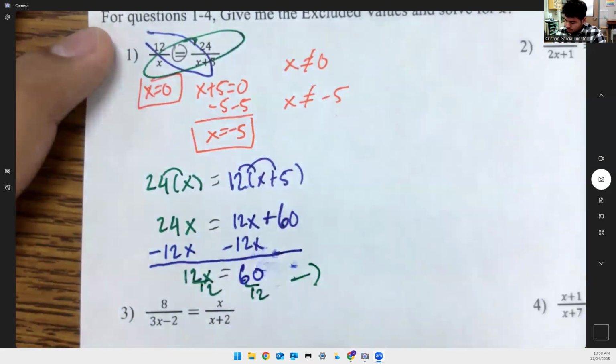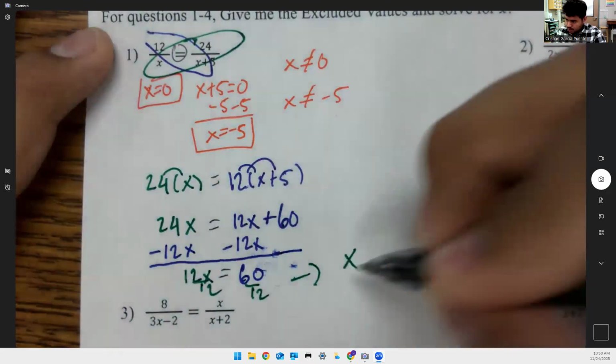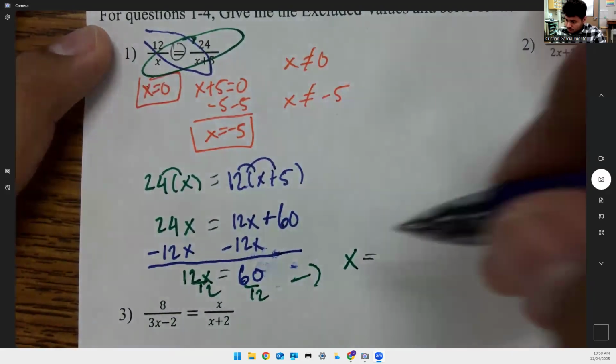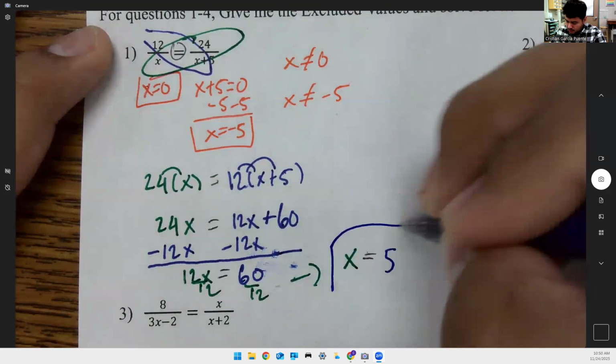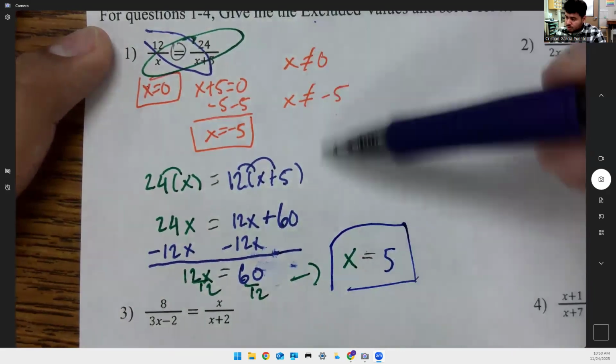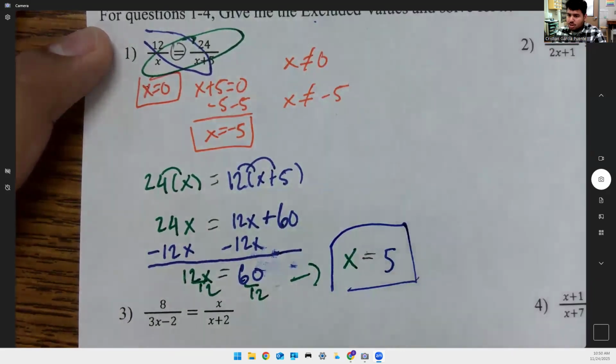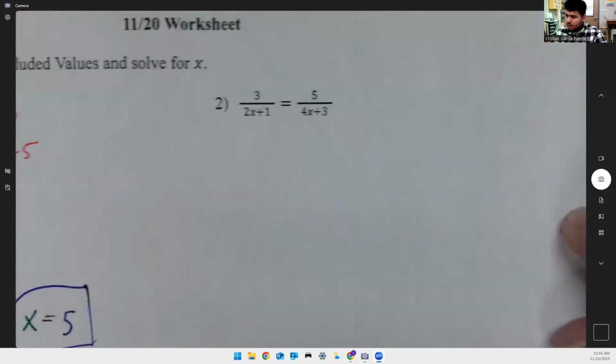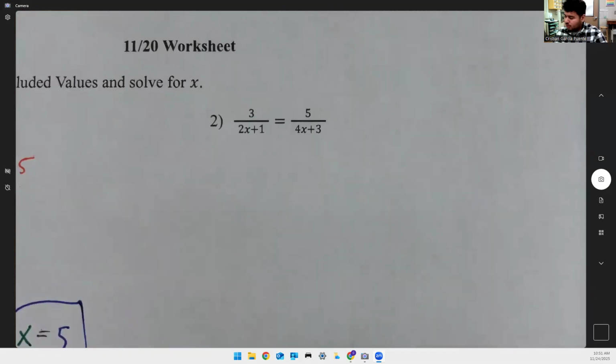So you'll be left with x is equal to 60 divided by 12, which is just 5. And since 5 isn't part of our excluded values, that is your answer, and you're done. So that's it for number 1. Now let's go for number 2. And again, I am going to be doing this quickly. You could always pause. These are answers to the worksheet that you should be doing anyways by yourself.